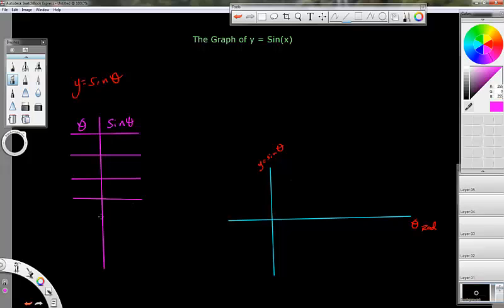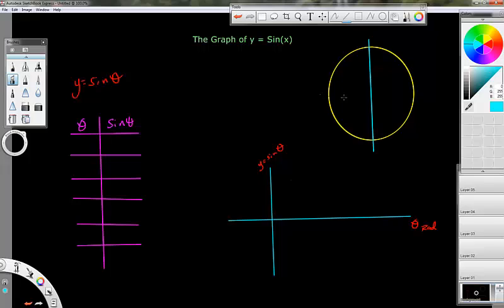We're going to fill this in with just some things from the unit circle. The what? That's right, the unit circle. Let's look at the unit circle because it definitely has ties into this, believe it or not.